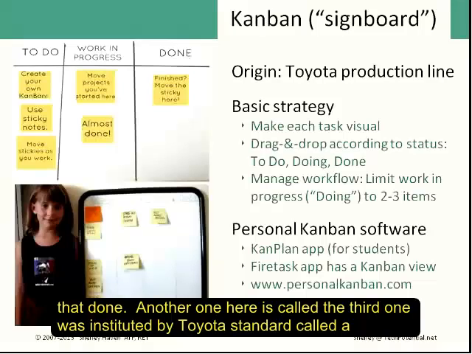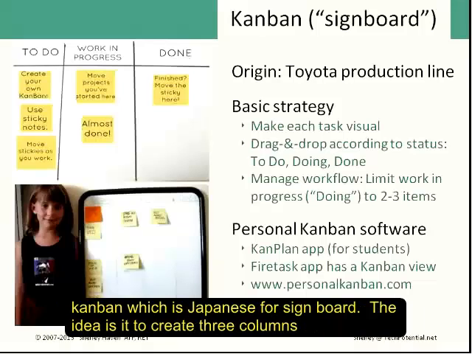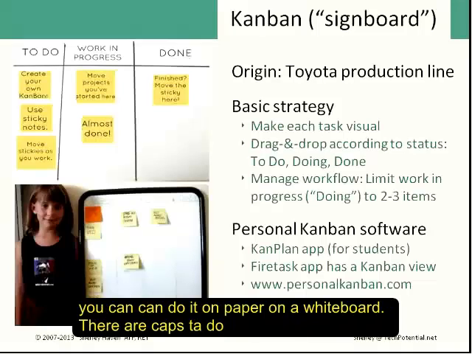Another one here, the third one, was actually instituted by Toyota to make their production lines more efficient. It's called a Kanban, which apparently is Japanese for signboard. Very simple method, but the idea is to create 3 columns. You can do this on paper, on a whiteboard. There are apps that do this too.